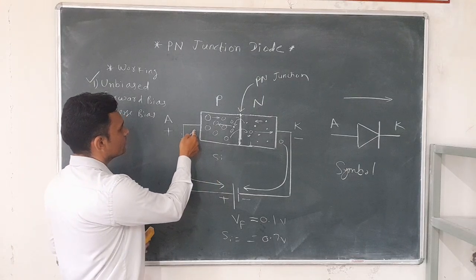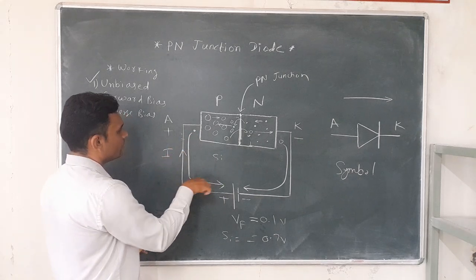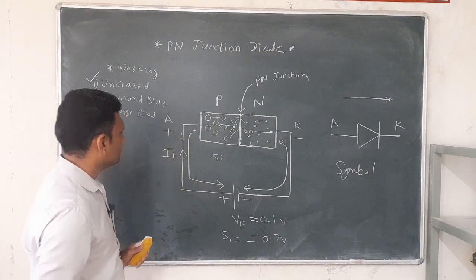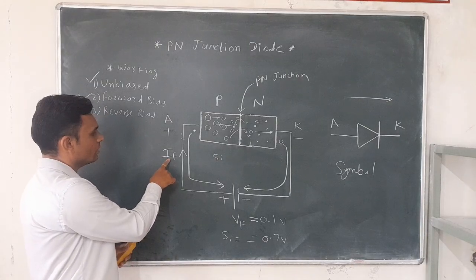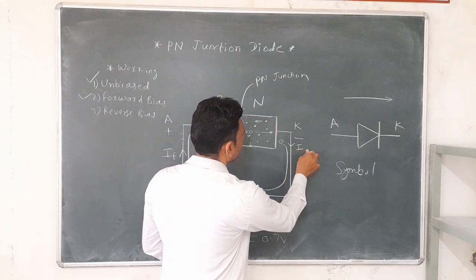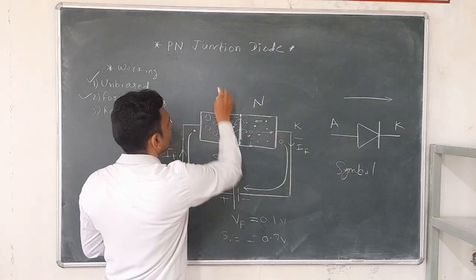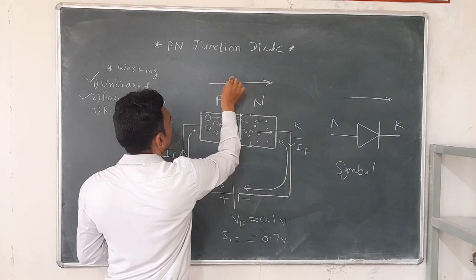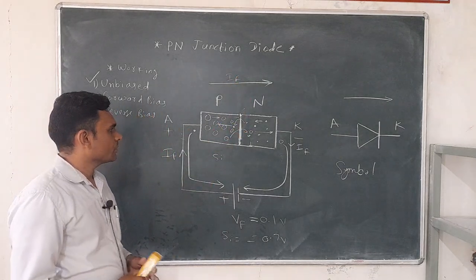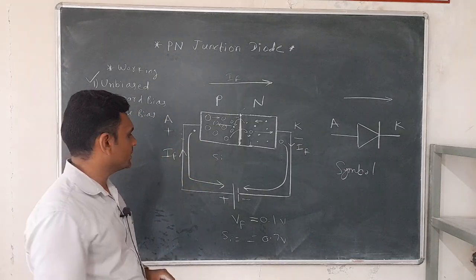Here electron moves towards this positive, therefore direction of current is opposite to direction of the electron. And in forward bias condition, we call that current forward current, that is IF. So current flows through the PN junction diode when it is forward biased, and direction of current is from anode to cathode terminal. So this is working of PN junction diode in forward bias condition.